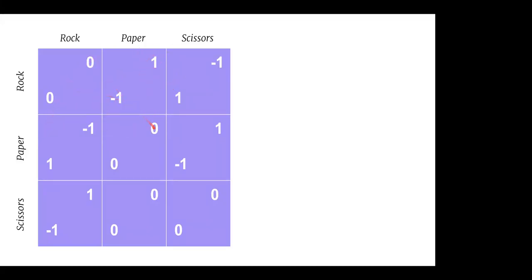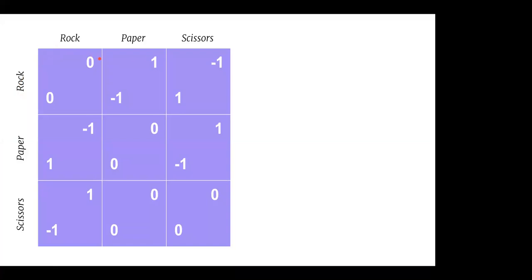Of course, if we both play the same action, then we draw and neither of us get any payoff. Okay, so that's essentially the whole thesis behind game theory. We're able to encode these interactions in some kind of mathematical structure. And what we want to do is monitor the probability with which any given action is played.